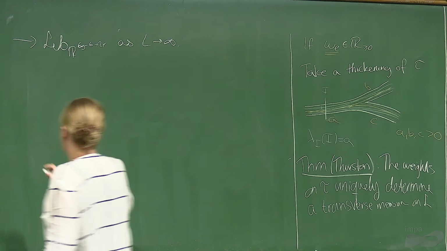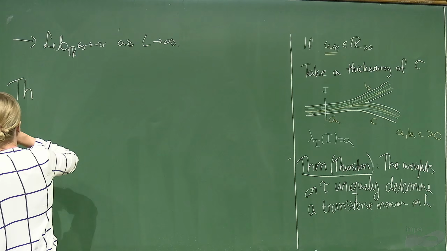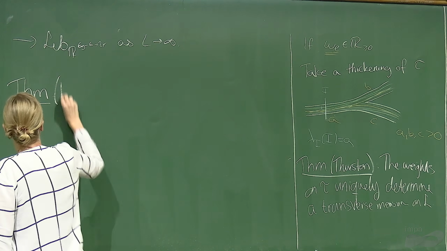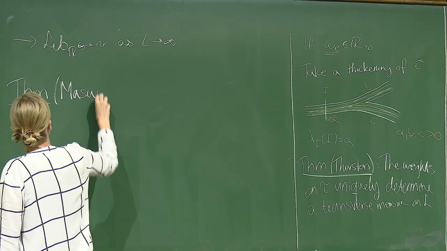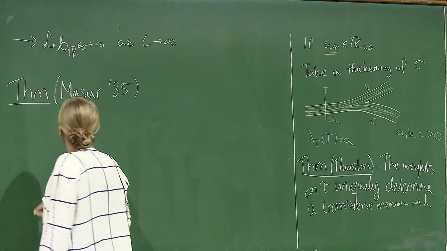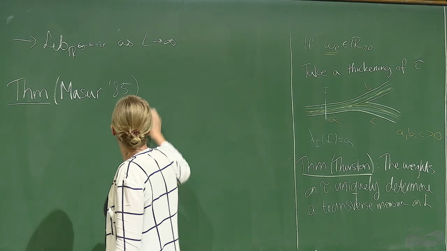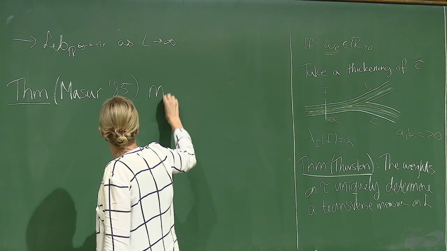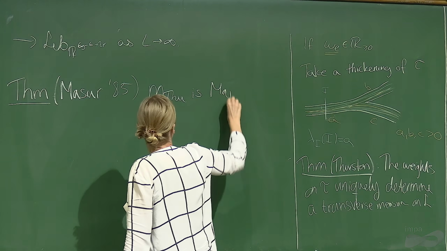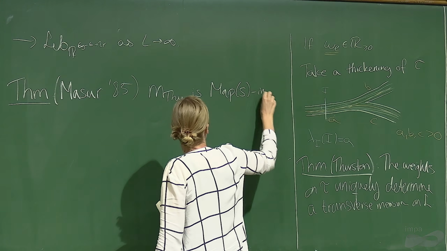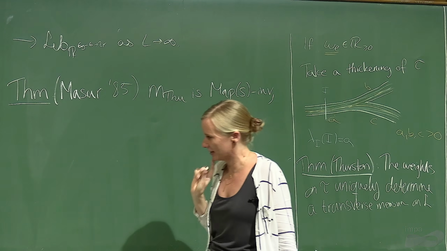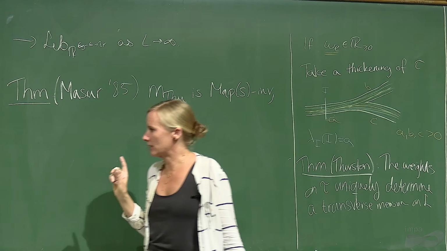An important theorem that's going to come up tomorrow is by Masur, I think from '85, definitely from the 80s. First off, the Thurston measure is mapping class group invariant. From the way we define it, that's clear, so it's not the statement of the theorem, but let me just convince you why it's true.